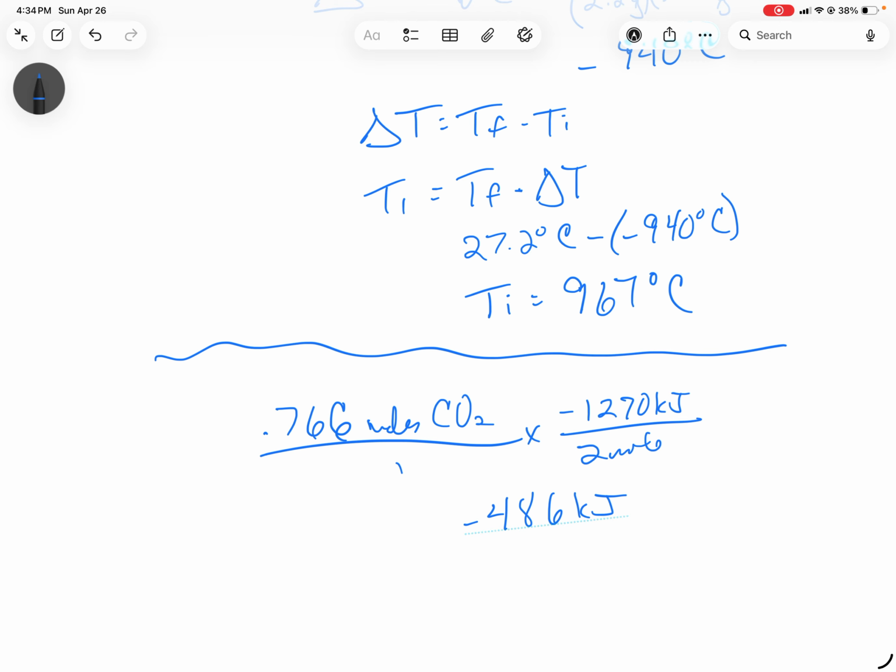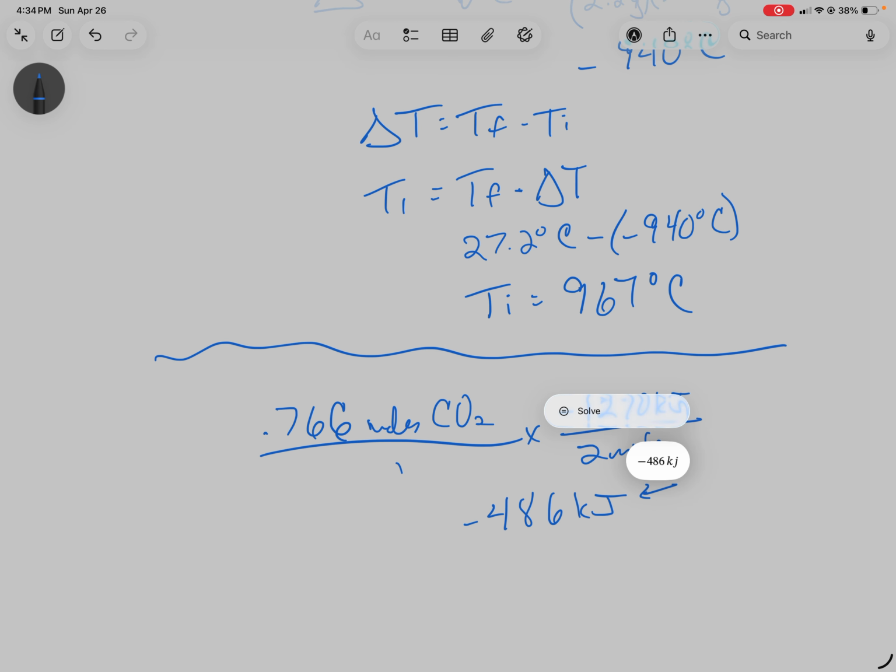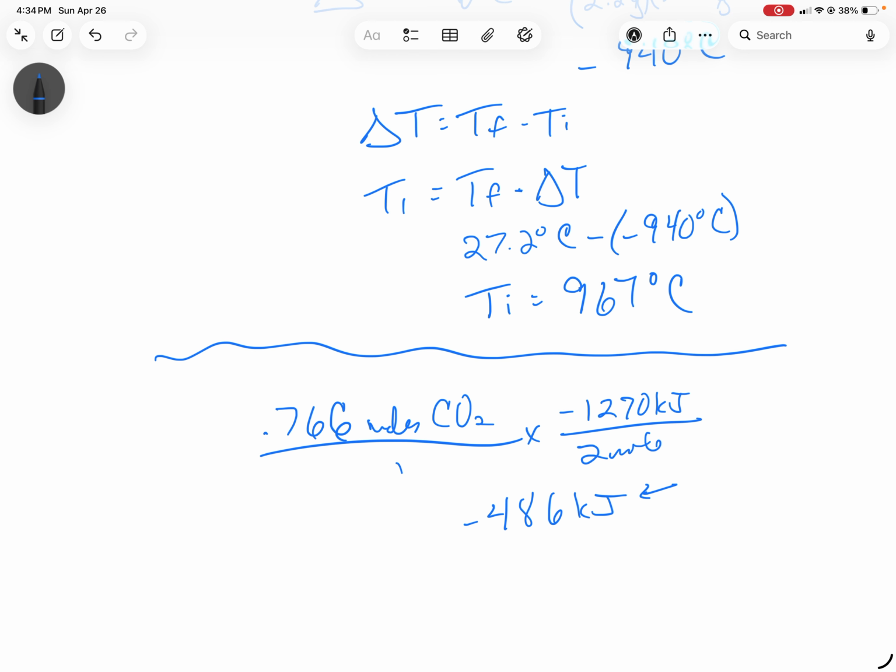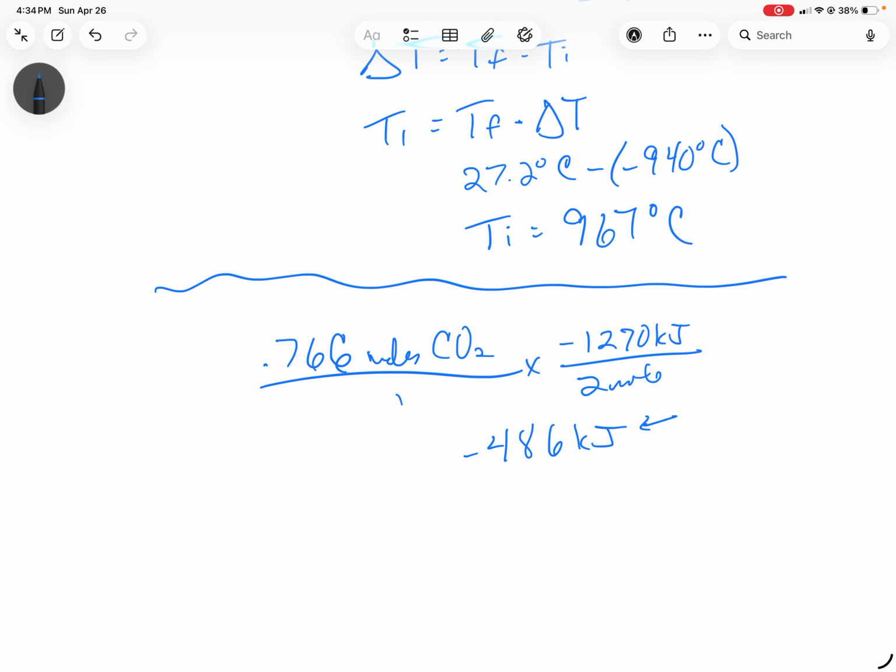The follow-up question told you that all of the heat that was released by that reaction went into the air in the room. So the reaction is our thing that's hot, and the thing that is cooler is the air that it was putting the heat into. So you had to assume the heat gained by the air was the opposite of the heat lost by the combustion reaction.